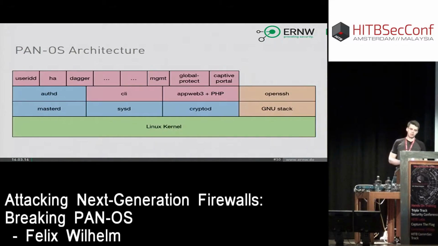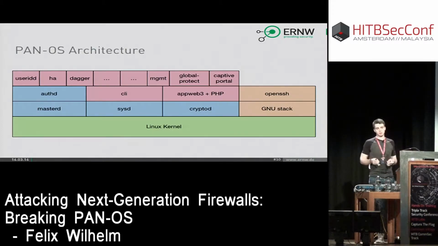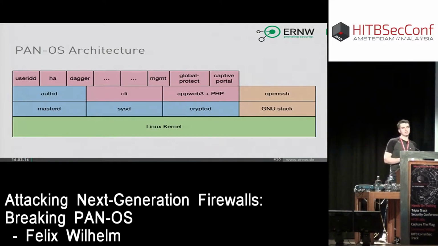Here is a really simplified visualization of how this looks. The system has a standard Linux kernel running on the bottom, and you have a normal GNU user space stack, as well as, for example, the OpenSSH process that's responsible for the command line and web interface. But then in parallel to that, you have the Palo Alto software stack.